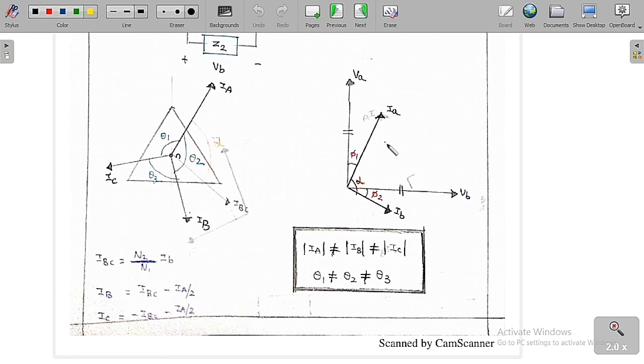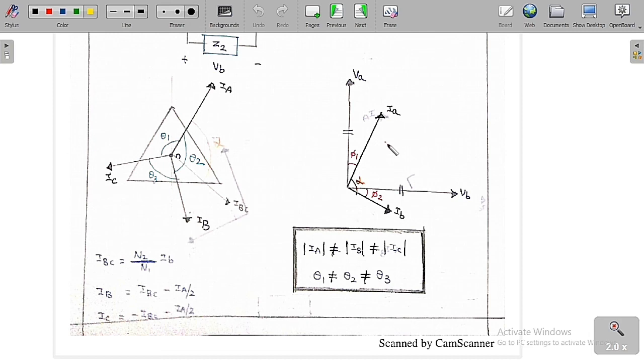So what I am trying to say finally is, if you keep a balanced load, then the line currents in the primary and the secondary of the Scott (teaser) transformer are always balanced in nature.